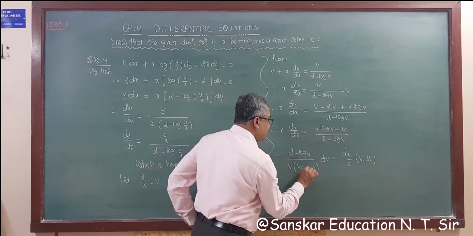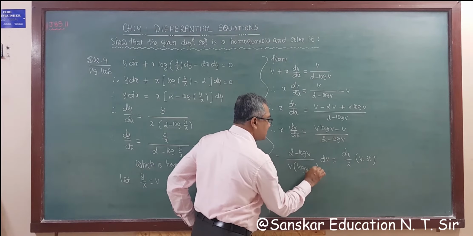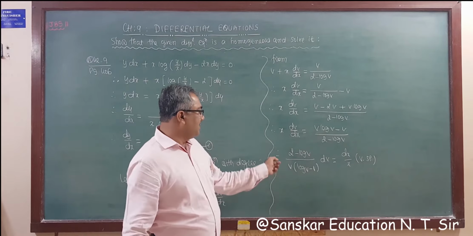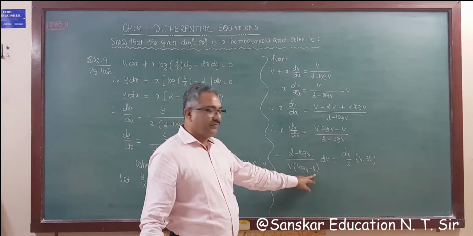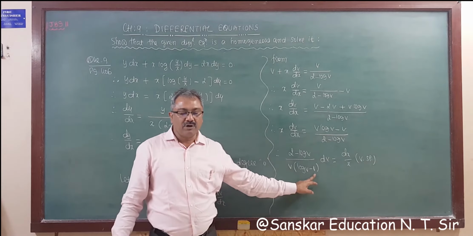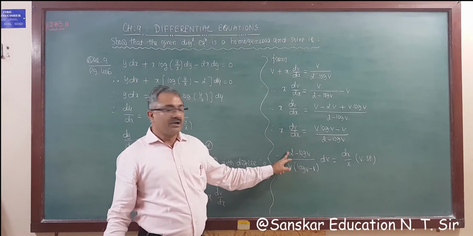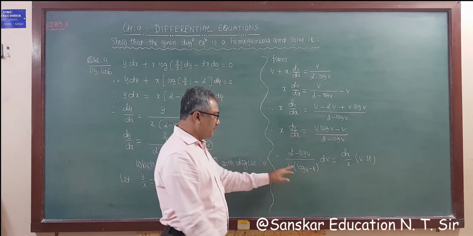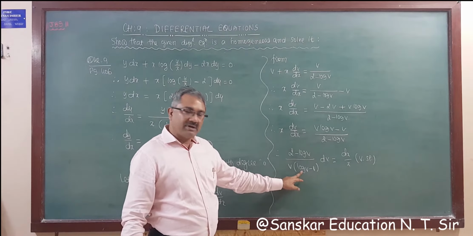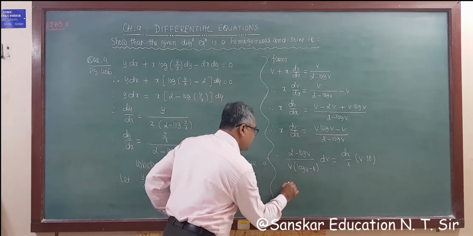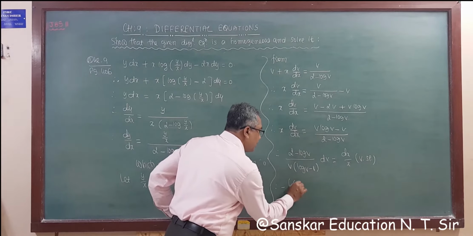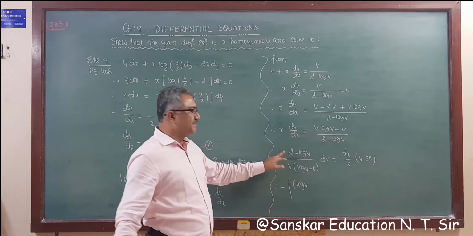So for integration, we need log v minus 1 in the numerator. What we need is log v minus 1, but this is 2. So can I take a minus common for getting this log v? So I am taking minus common. So this becomes log v and this becomes minus 2.